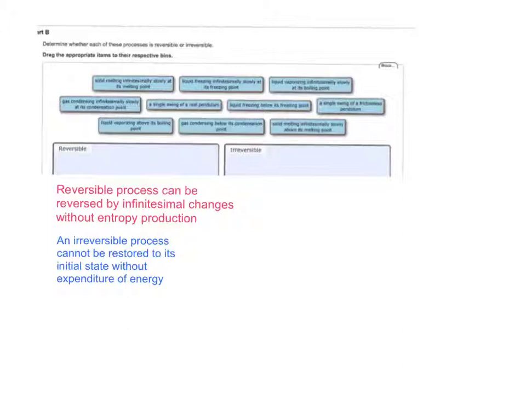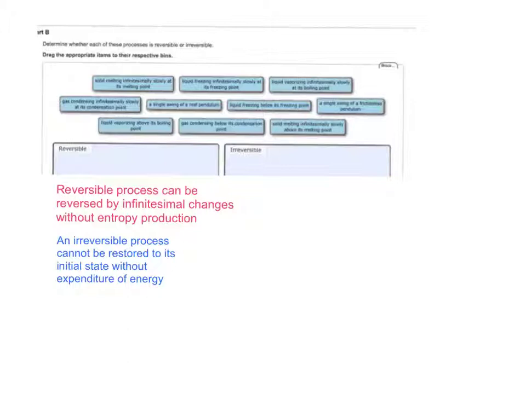This means that an irreversible process always increases the entropy of the universe. So using this information, we can go through each of these processes to determine whether they are reversible or irreversible.